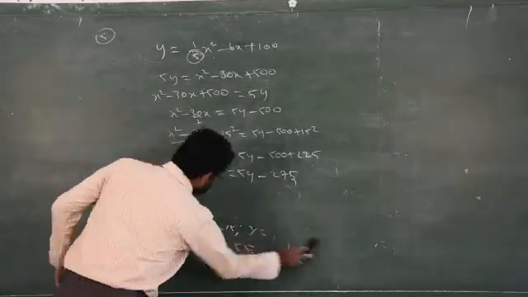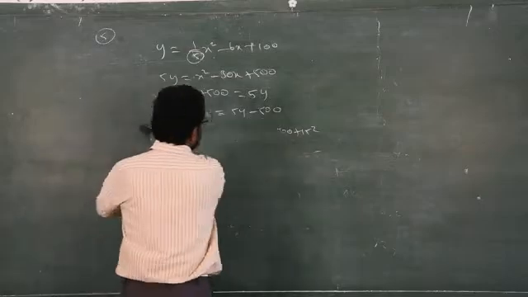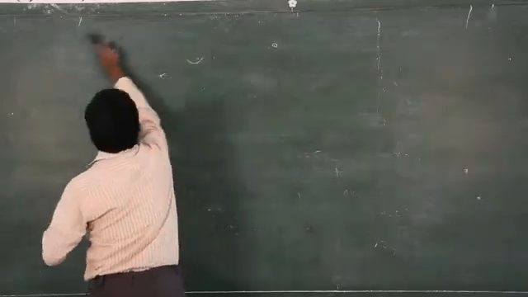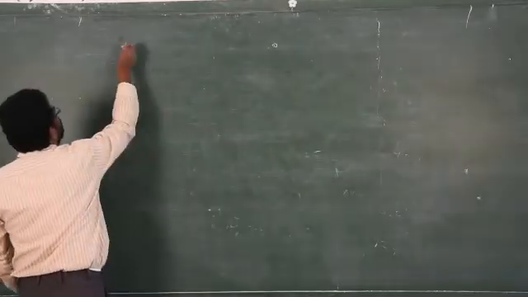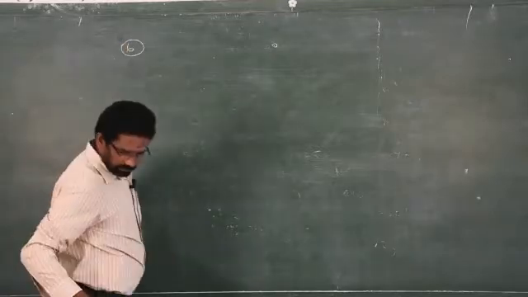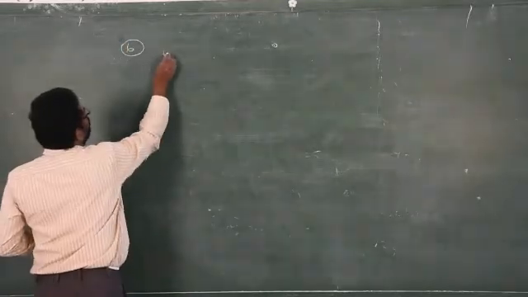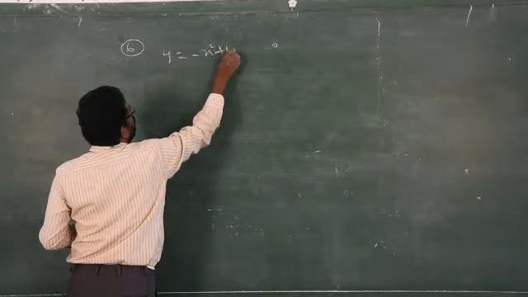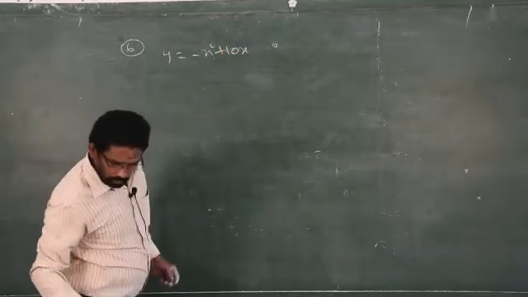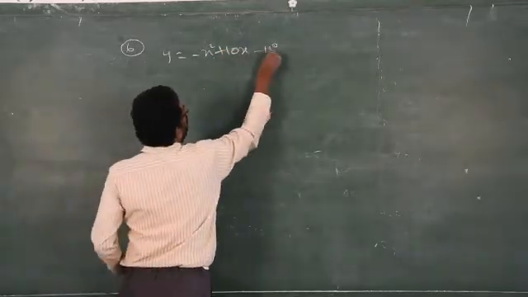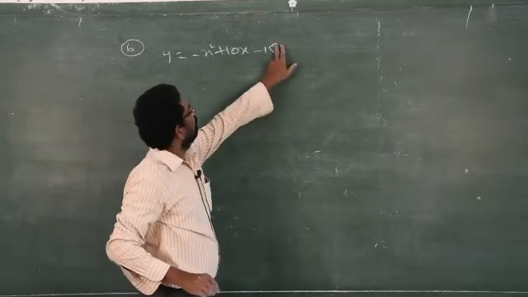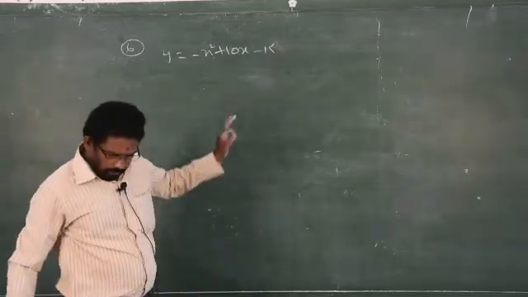The last sum of this chapter. Very, very simple. It is given already y is equal to minus x square plus 10x minus 15. Profit y.